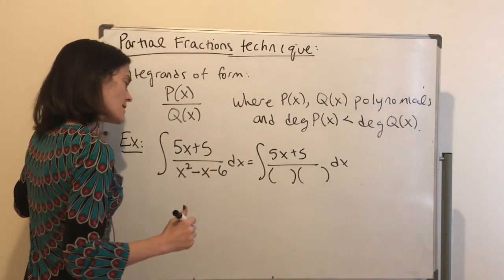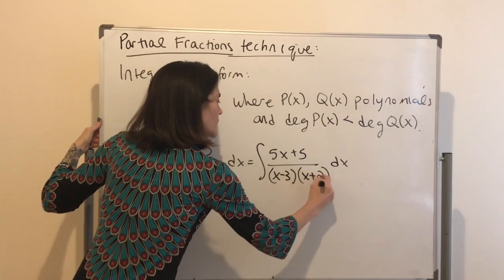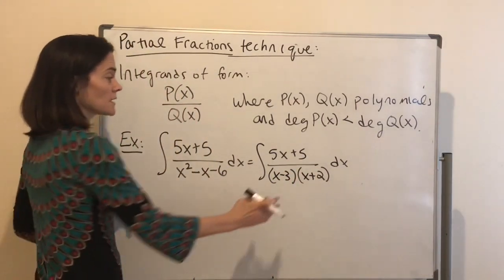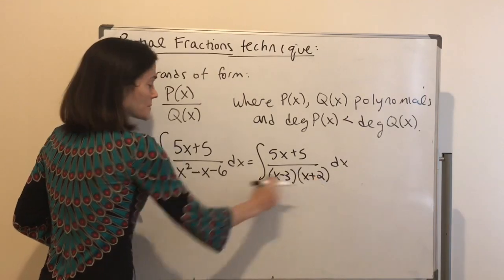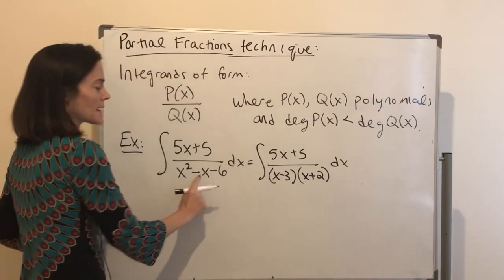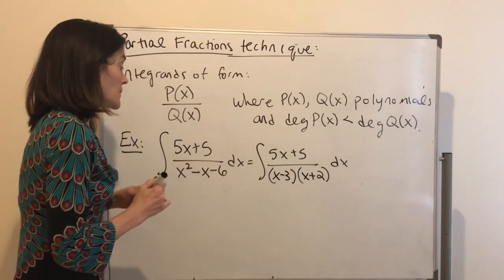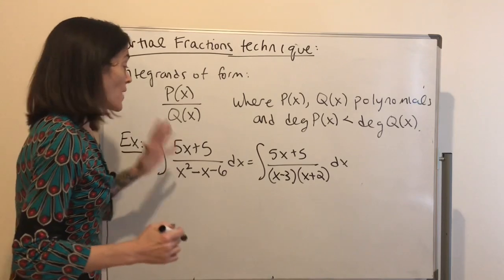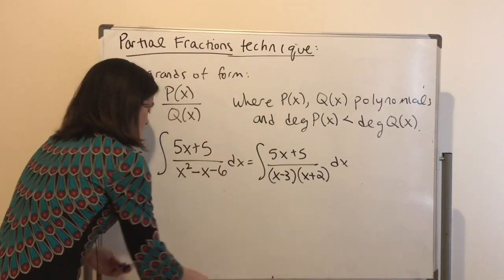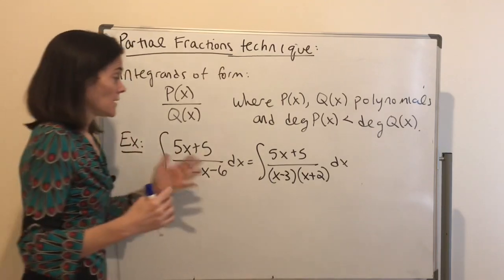We have x minus 3 and x plus 2. And if you don't see it, you can check. Minus 3 times 2 gives us the minus 6, and if you add, you get minus 1, and so in fact this works.